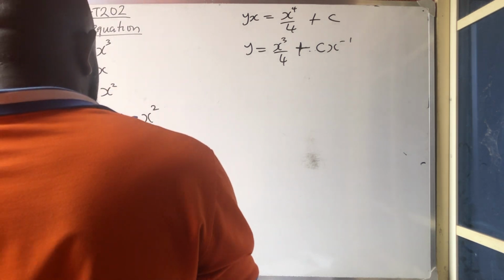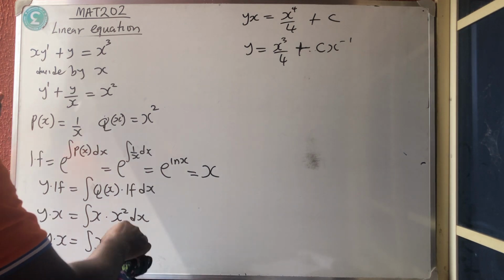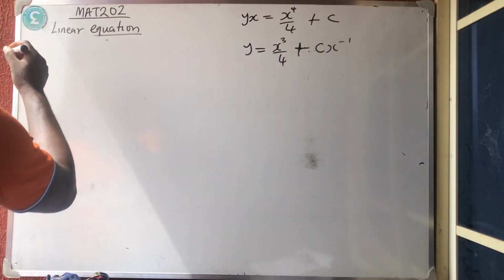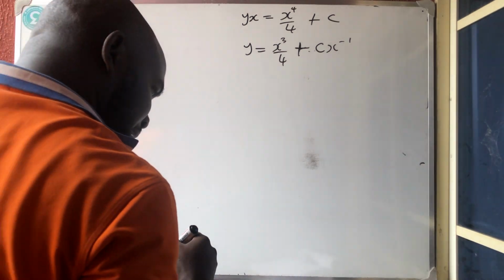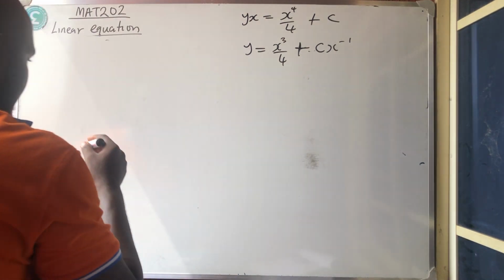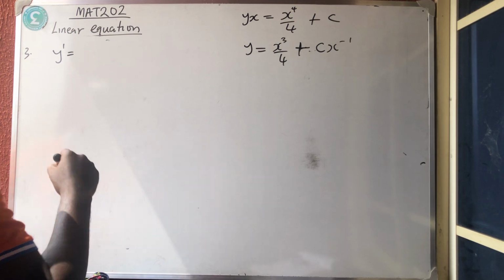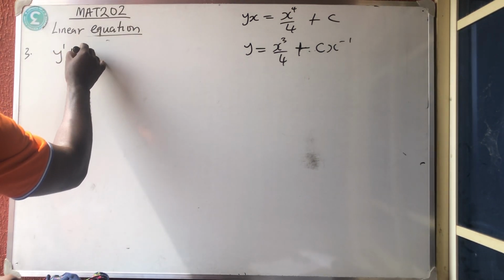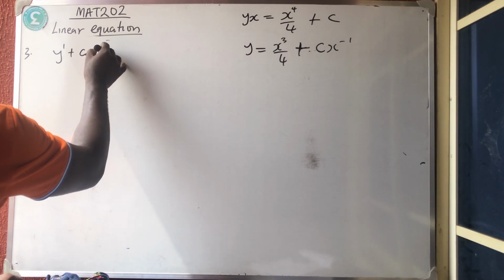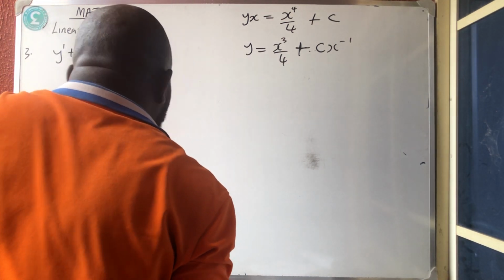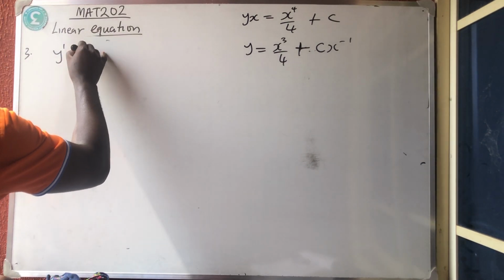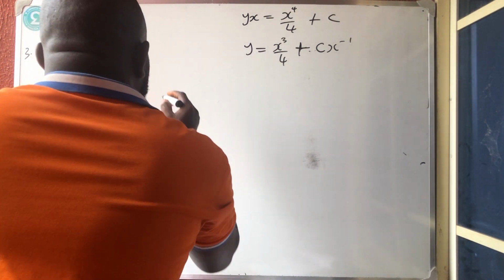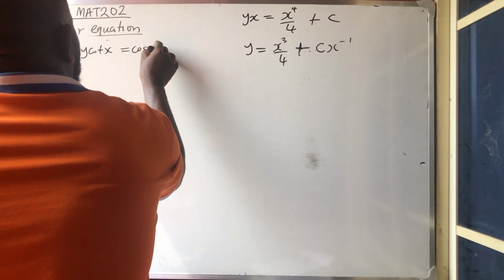Okay, so let's solve the next question, number 3. It says y prime plus y cot x is equal to cos x.